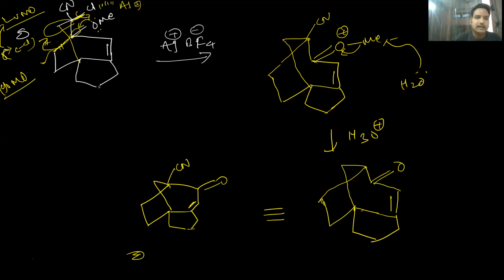Here I can clearly see this is the anti-bonding orbital of the CCl bond, and this is the bonding orbital of the CC bond. This acts as the HOMO, which has high electron density, and this is the electron-deficient LUMO. So a better interaction will only take place if both bonds are anti-periplanar to each other. You have to keep that in mind. I hope you understand this way.